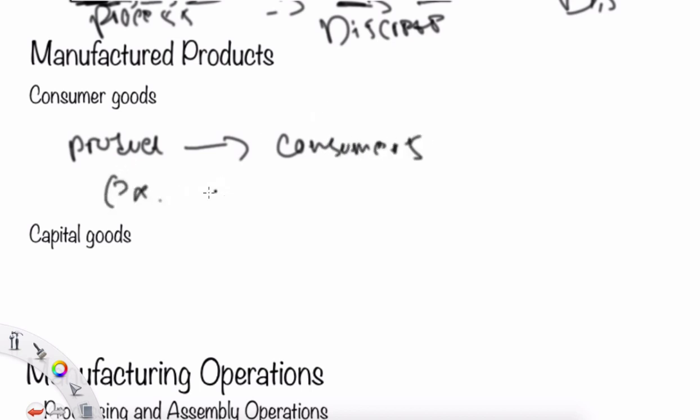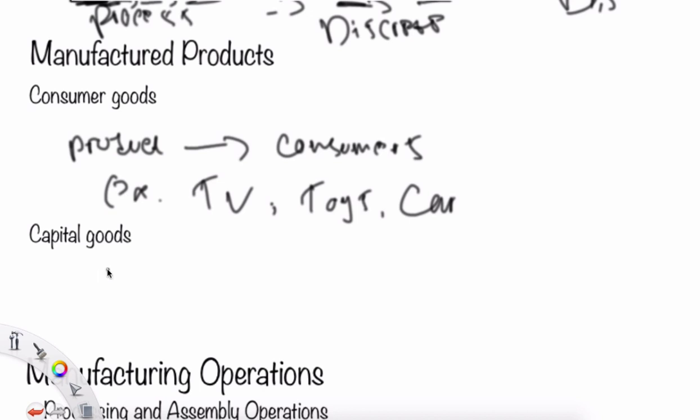For example, televisions, toys, you can say cars or automotive, and other products that can be directly purchased by customers, and they can use the product directly to fulfill their need.